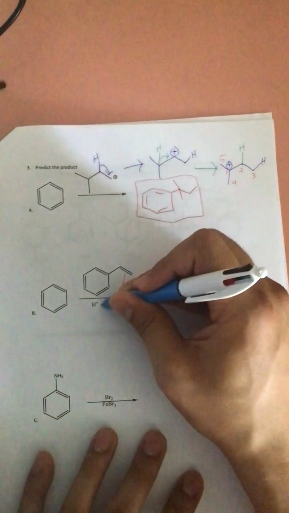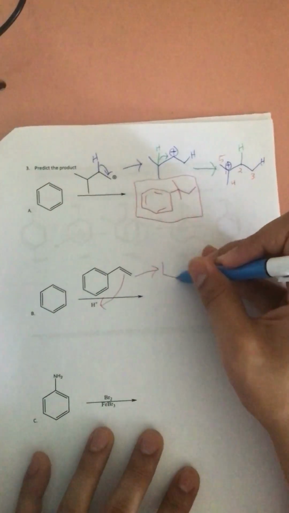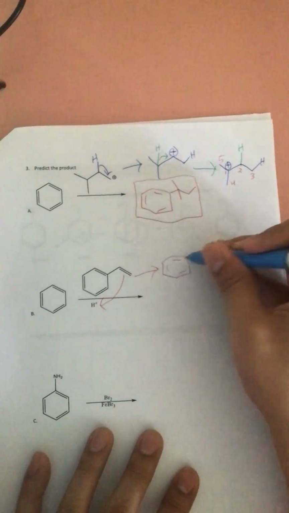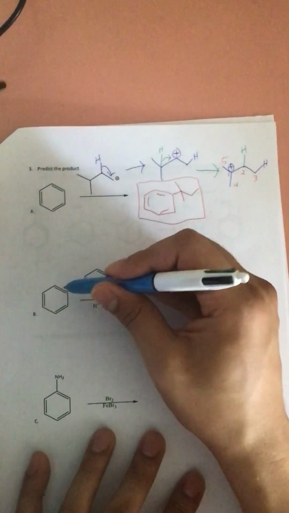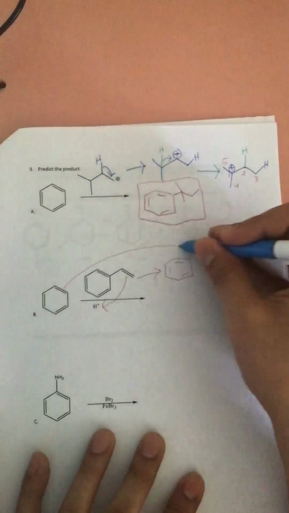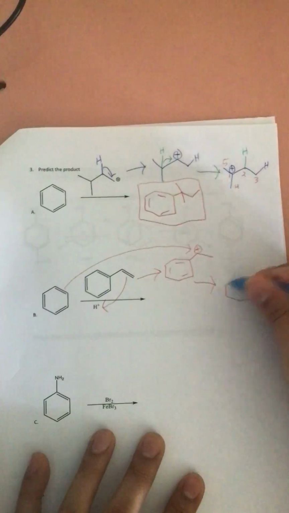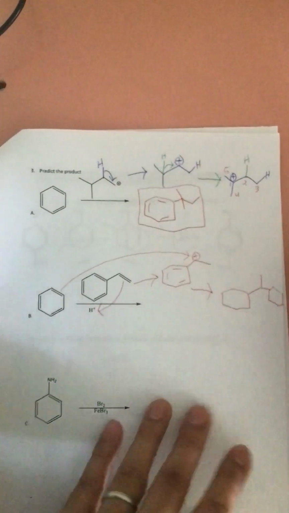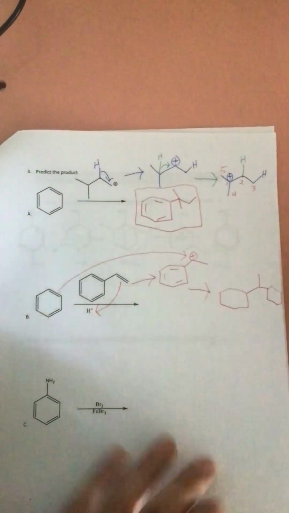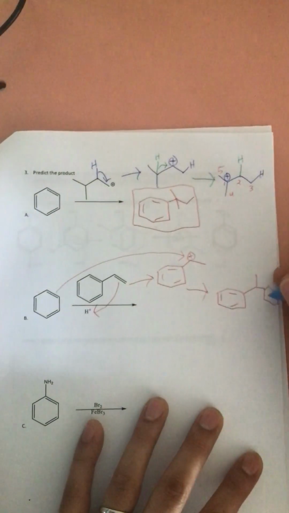Here, the alkene is going to be way more reactive than the benzene rings, so you should get this. Now I have a carbocation, the other benzene ring can attack it. I'll do the mechanism for this, why not? So one of these is going to be full.